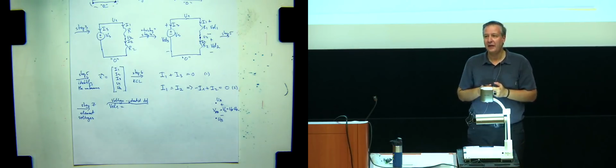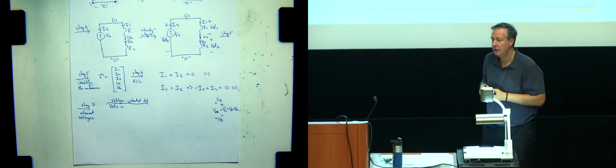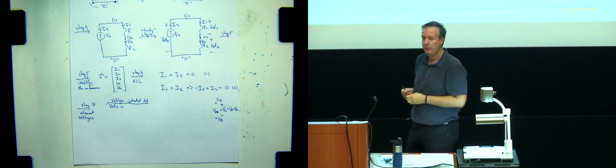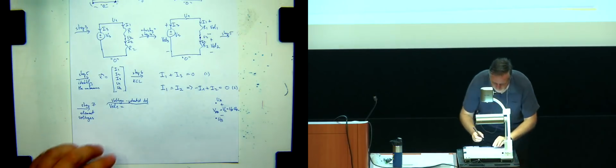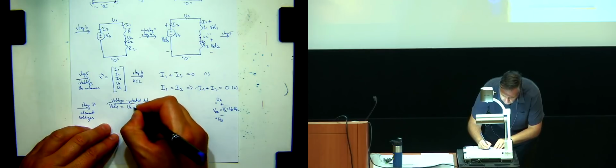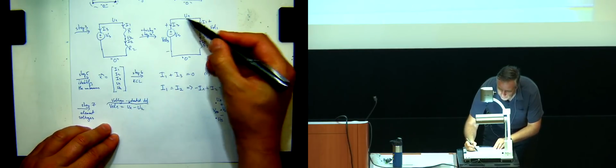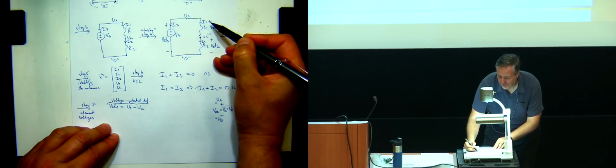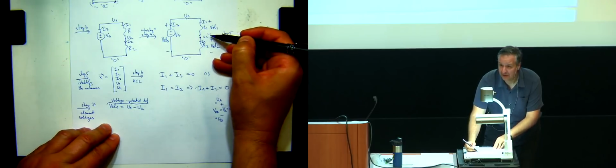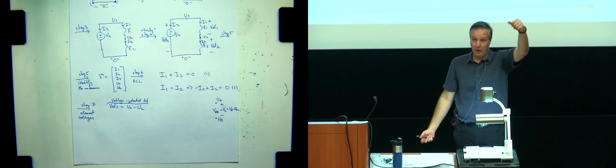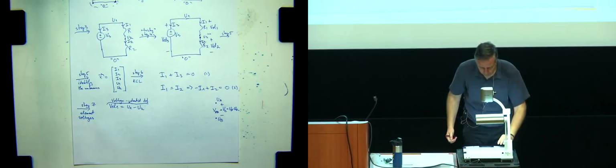Okay, any takers? What is V element 1 in terms of U1 and U2? Yes? Okay, it's U1 minus U2. Because U1 is where the plus points to, and U2 is where the minus is, right? So we're measuring from U1 to U2. Okay.